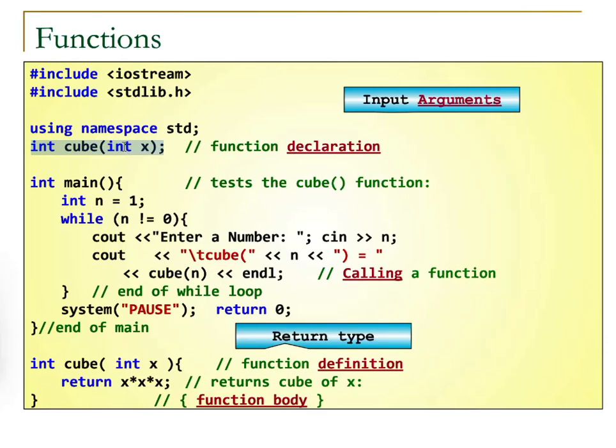So it is important that you first declare the function and then define the function. You can also declare and define the function simultaneously at the same spot, and then write the main function after.